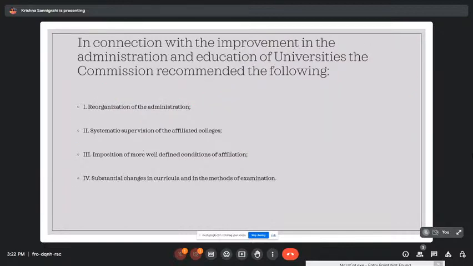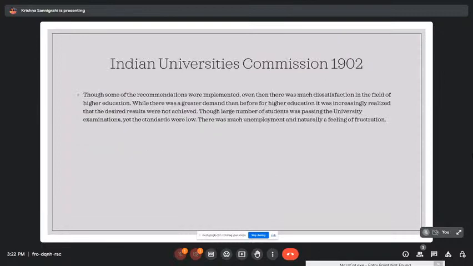In connection with the improvement in the administration and education of universities, the commission recommended the following. What are they? Reorganization of administration, systematic supervision of the affiliated colleges, imposition of more well-defined conditions of affiliation, and substantial changes in curricula and in the methods of examination. Now, though some of the recommendations were implemented, even then there was much dissatisfaction in the field of higher education.